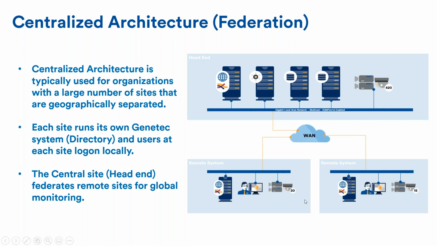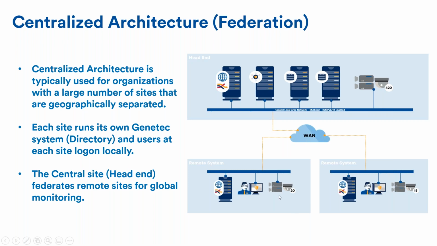They connect to those remote sites, and somebody who's monitoring or logged into the directory at the head end can view video and run reports, not only for head end cameras, but also for the remote site cameras as well. So to somebody logging into the head end, all these sites together look like a single system.